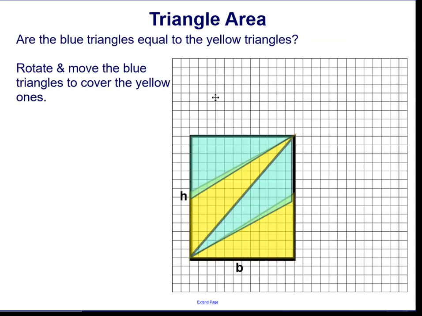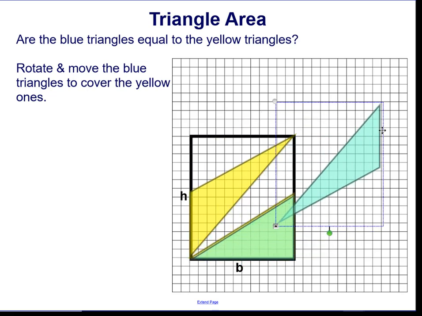I've created two blue triangles to cover the space of the rectangle that was not covered by the yellow triangle. So now I can rotate these blue triangles and see if I can get them to cover the yellow triangles. So this blue can cover and is the same size as there. So what happens with this blue?